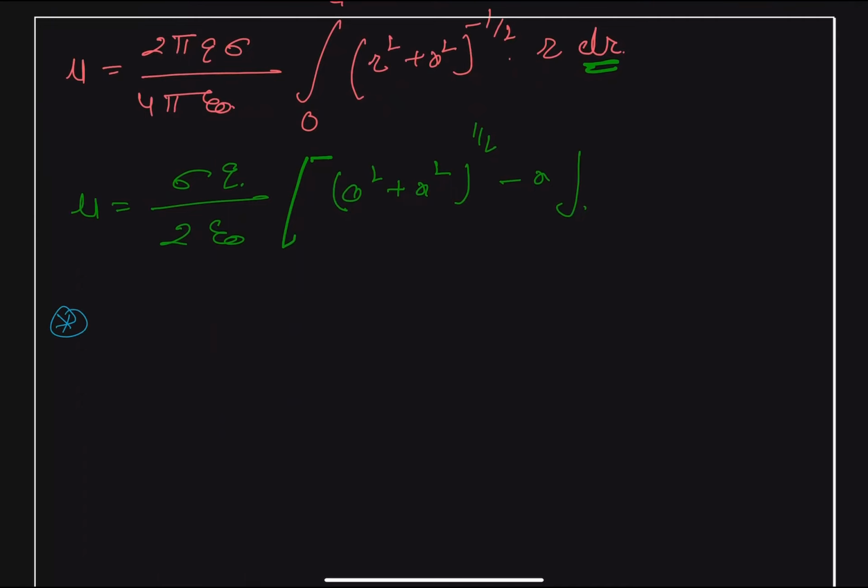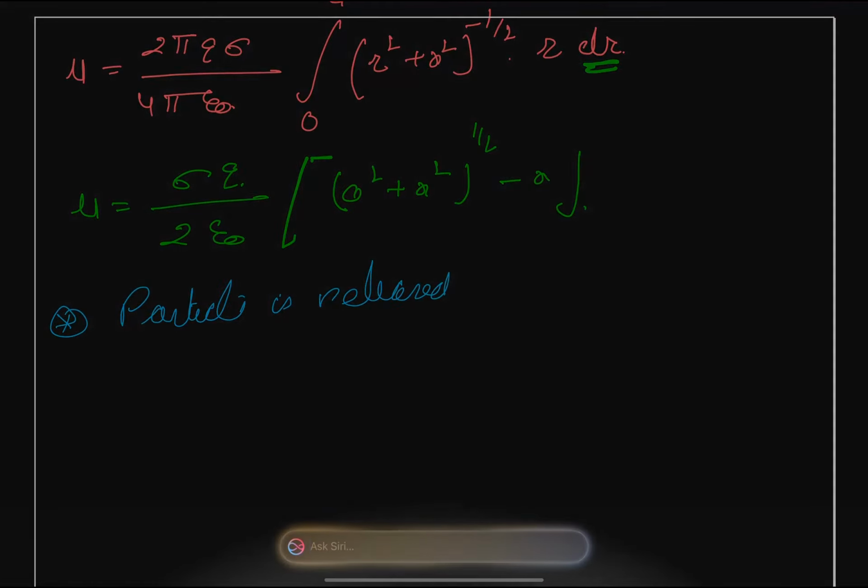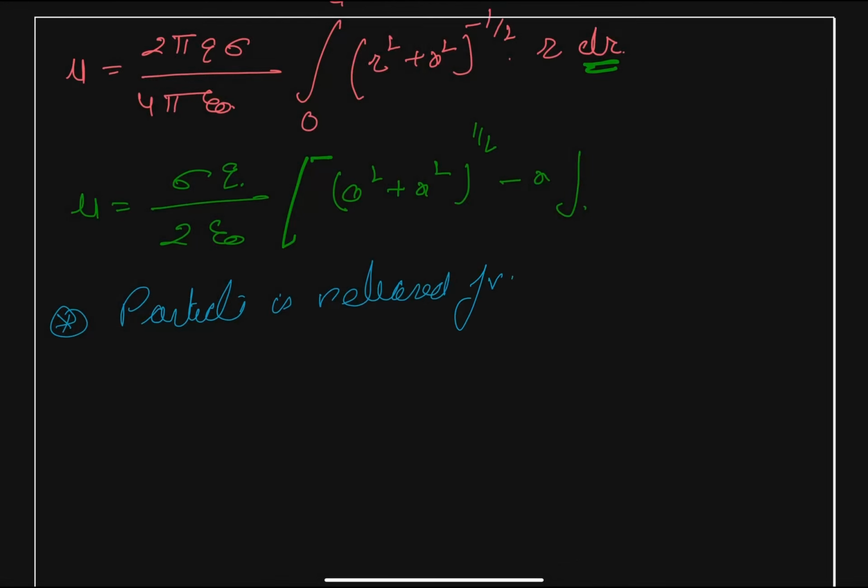It says that the particle is released from point P, and that point P is at a height h from the center of the circle.